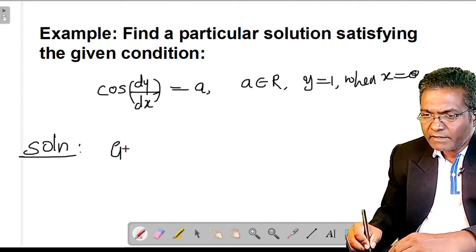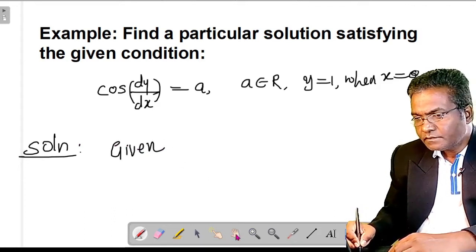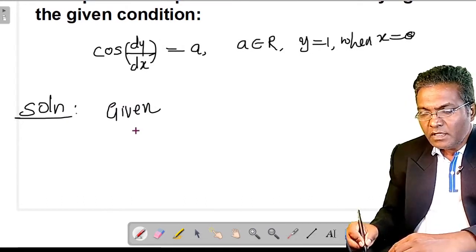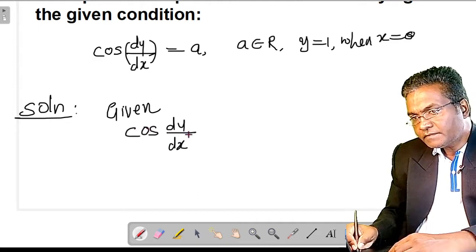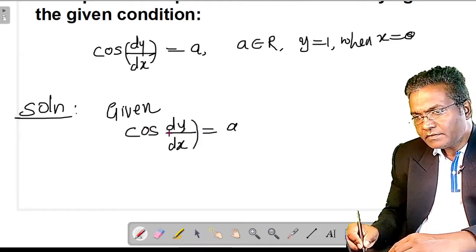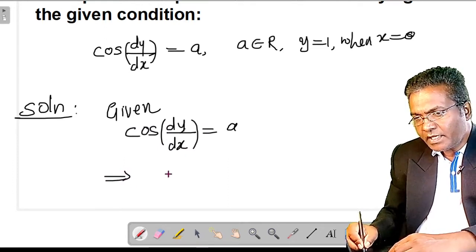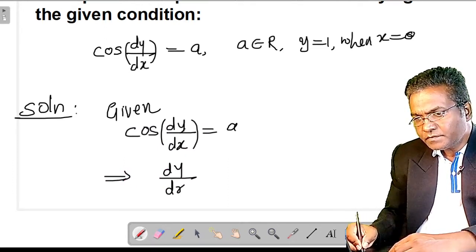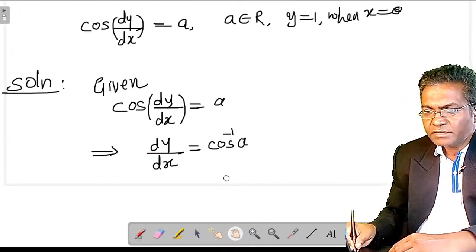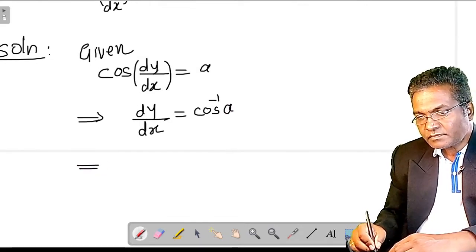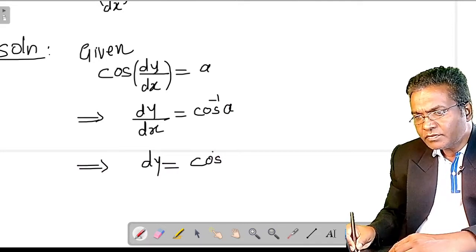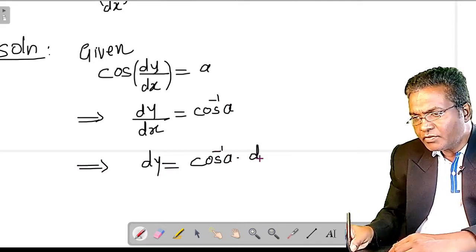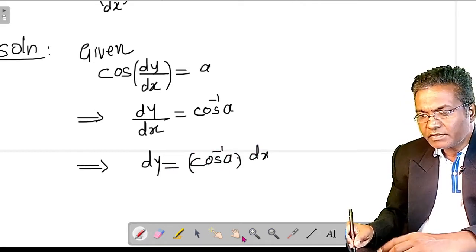Okay, so given cos of dy by dx equals to a, I can write dy by dx is equal to cos inverse of a. Separate the variable, dy is equal to cos inverse of a into dx. Cos inverse a is now constant here.